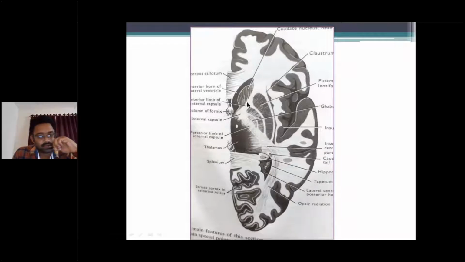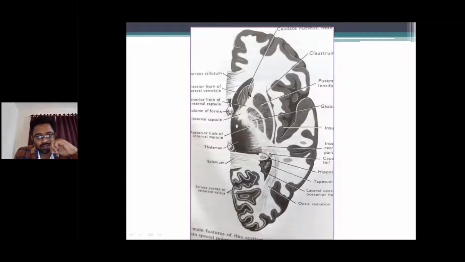This band of nerve fibers is called the internal capsule.